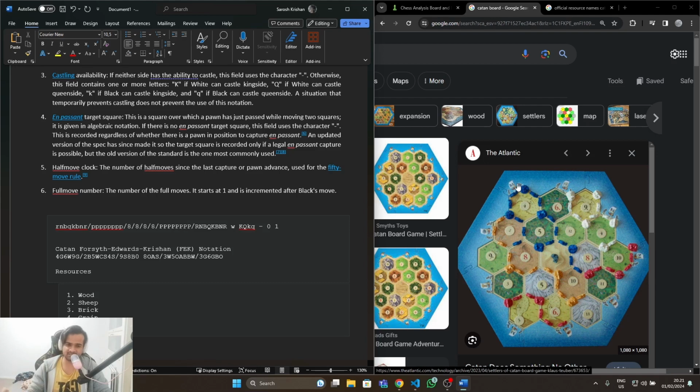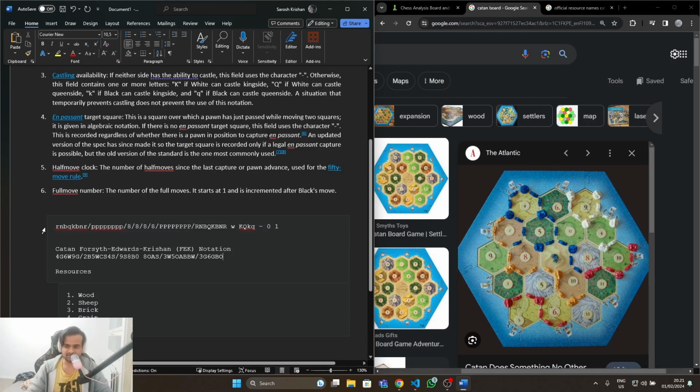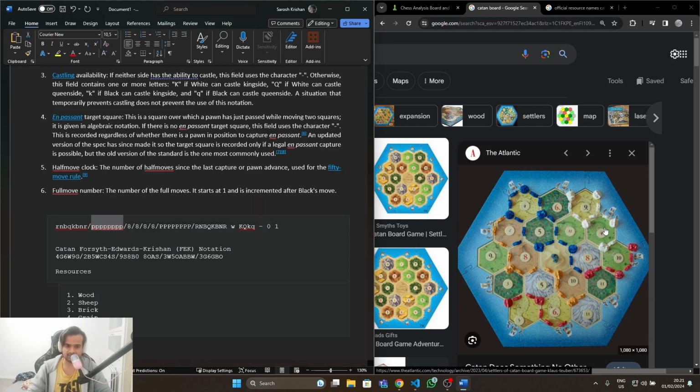Okay, so how do we start representing them? We know that the first rank is going to have 2 ports. The second rank is going to have 1 port here and 1 port there. The third rank has 1 port here. The fourth rank has 2 ports, and the fifth rank also has 2 ports.